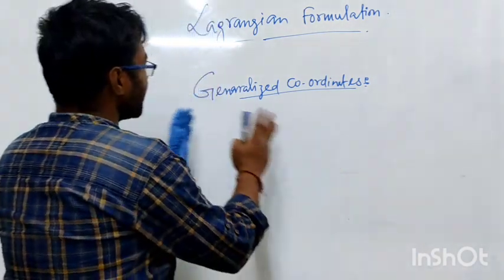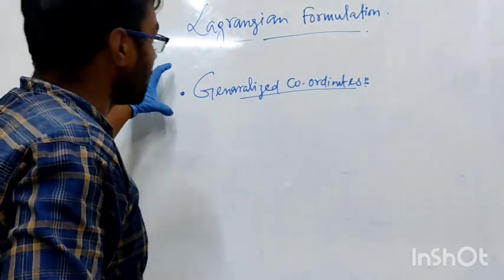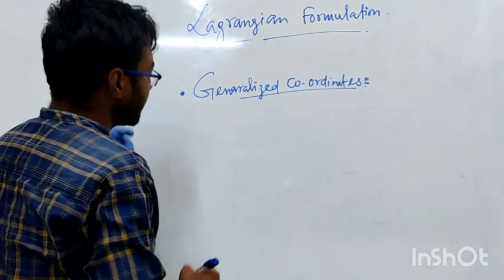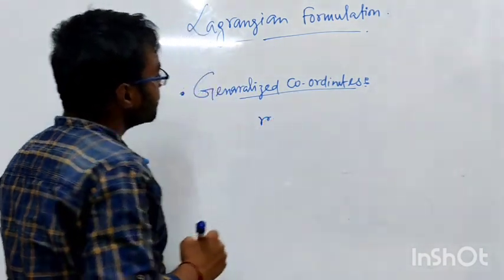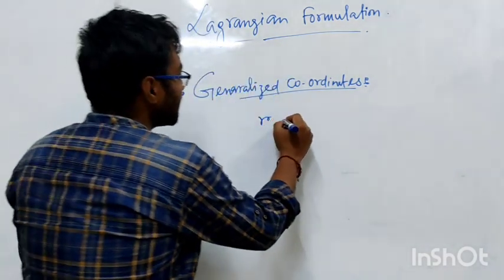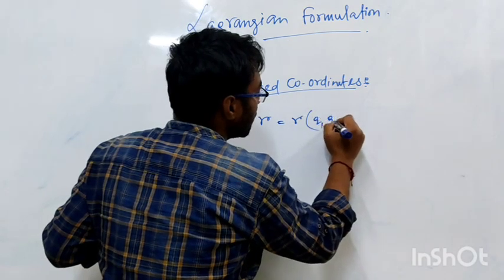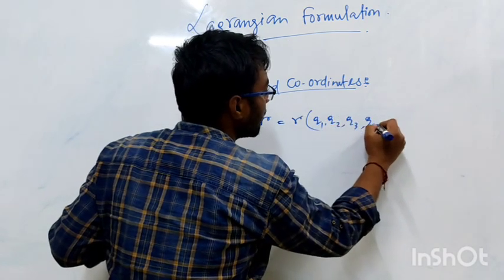To replace these coordinates, we can put in a single coordinate, that is called a generalized coordinate. That means we assume a generalized coordinate r. r is a function of q1, q2, q3, q4 and time.